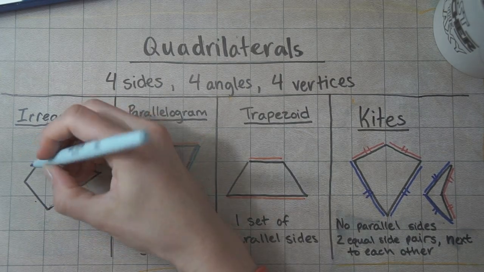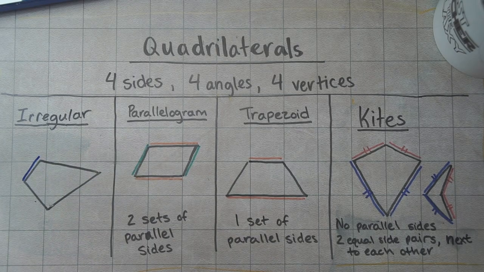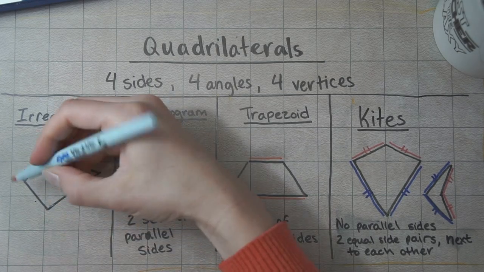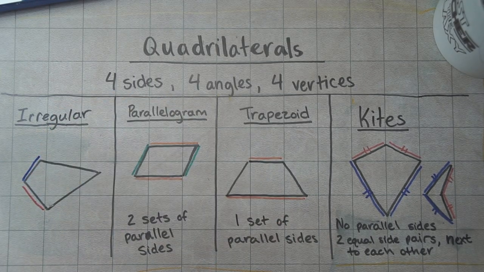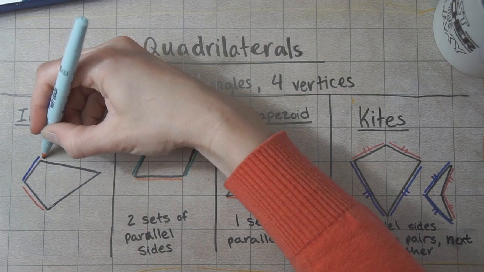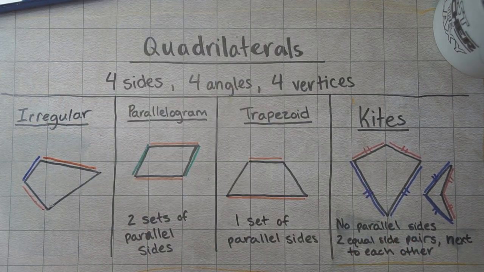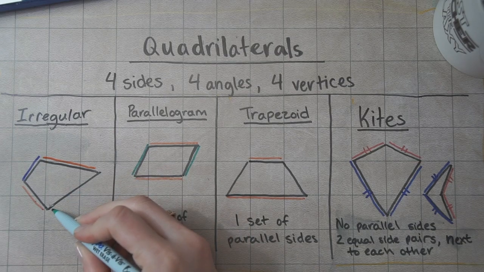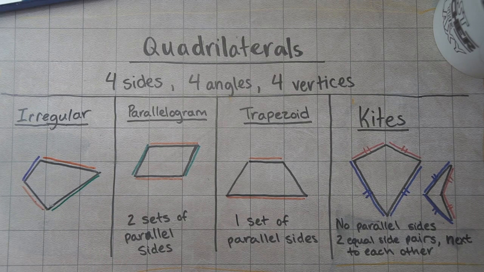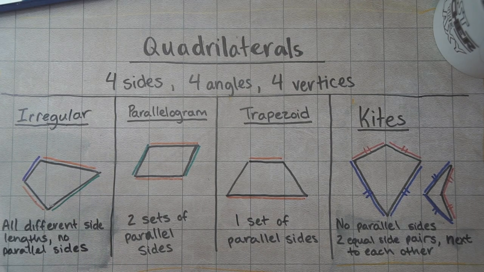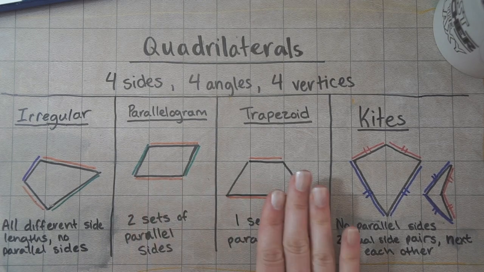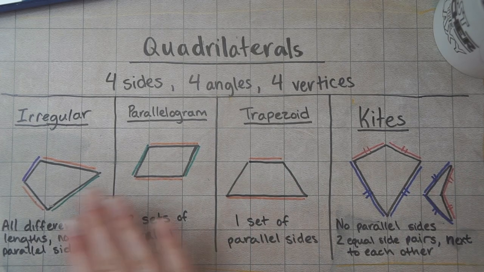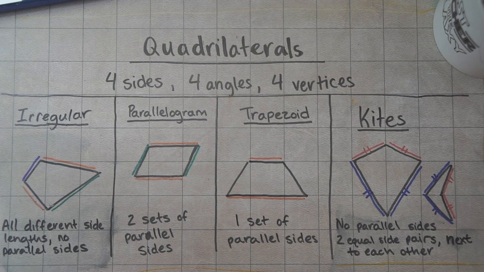So in this shape, we have all different side lengths and no pairs of parallel lines. Okay, we've got the four groups in the quadrilateral family: the parallelograms, the trapezoids, the kites, and the irregular quadrilaterals.